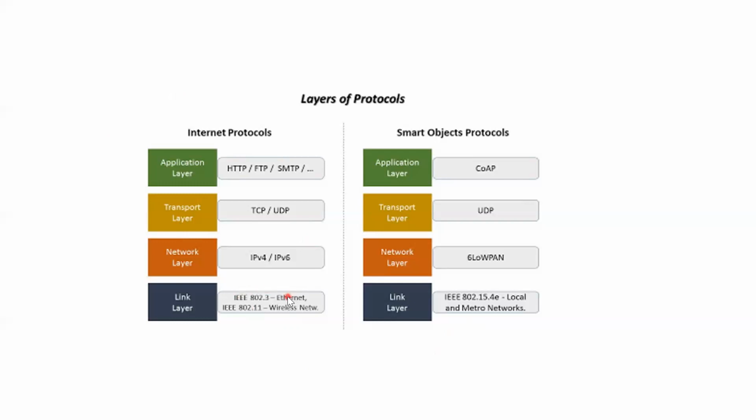Now, apart from Ethernet, Wi-Fi, WiMAX, and LRWPAN, mobile communication can also be used. For mobile communication, you can use 2G, 3G, and 4G standards. The protocols used for 2G, as you know, include GSM and CDMA. For third generation, the standards used are UMTS and CDMA 1000.